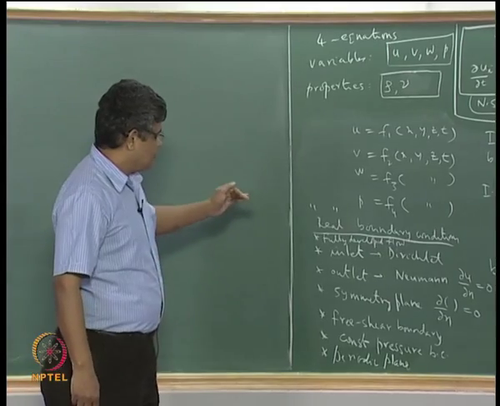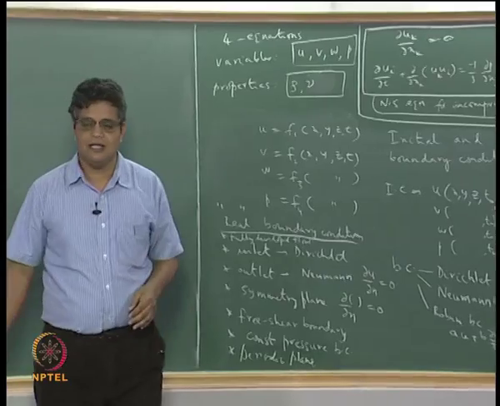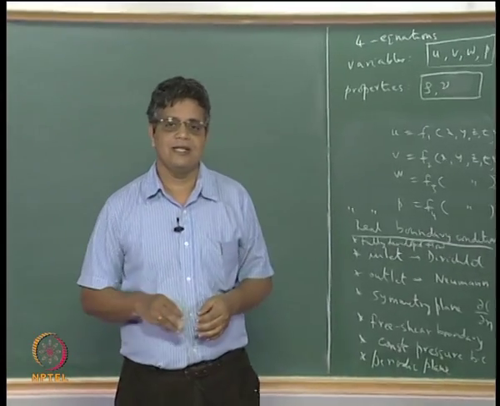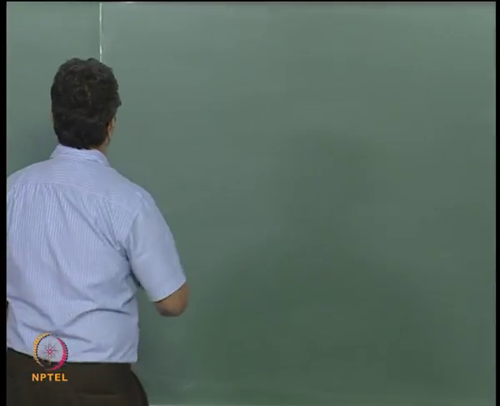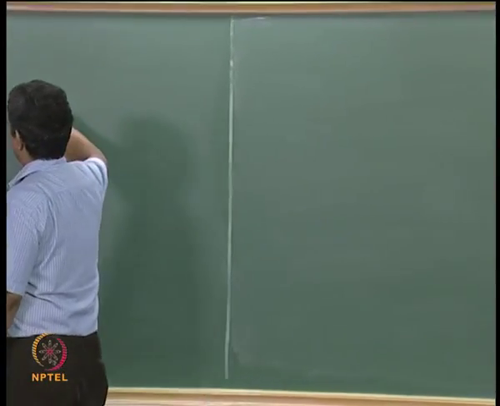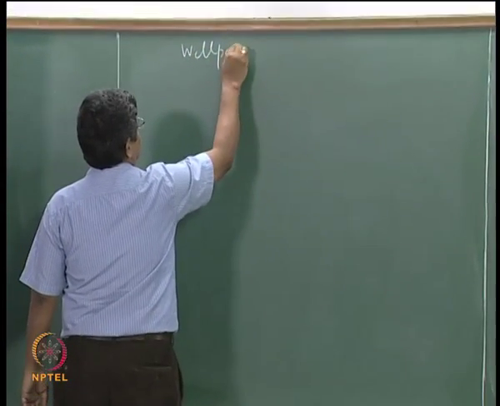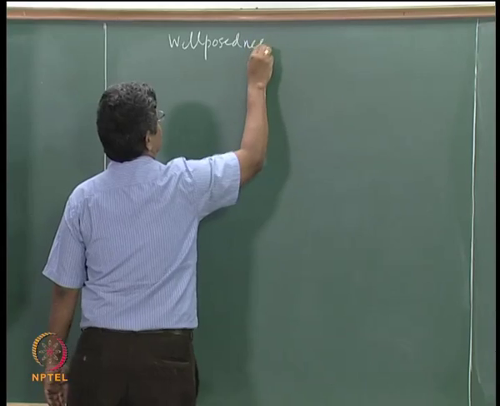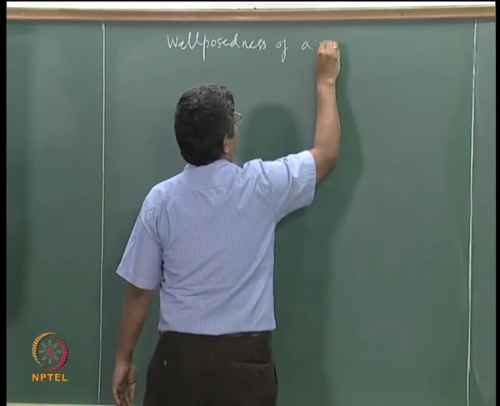Now before we leave this particular section, we have to understand the implication of boundary conditions and initial conditions, especially in the context of well posedness of a mathematical problem.